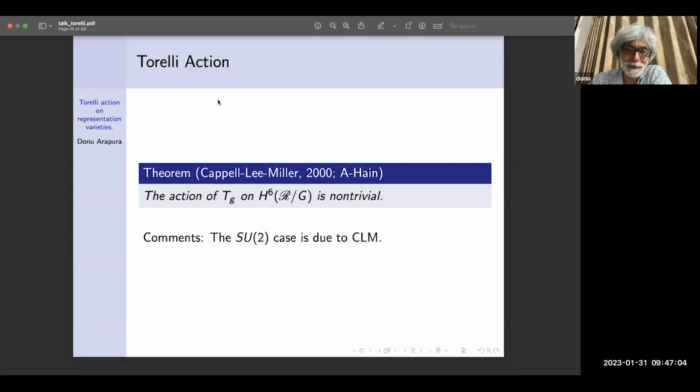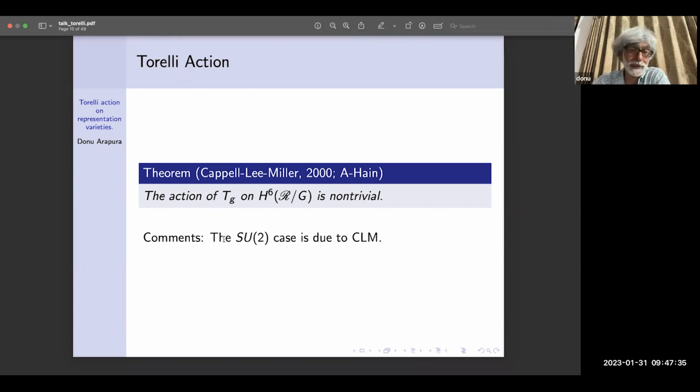It's still at a preliminary stage where we were focusing on degree 6, mainly because that's the case we can handle. But I expect it's true for a whole range of degrees. Certainly Cappell, Lee, and Miller don't just do degree 6, they do a whole range of degrees, and they tell you exactly in what degrees it's non-trivial.